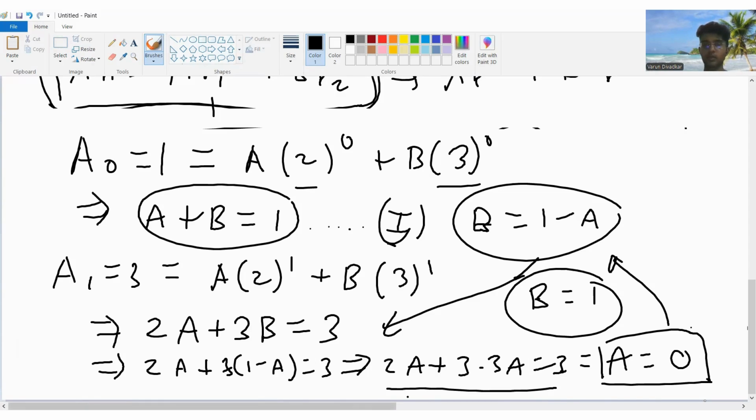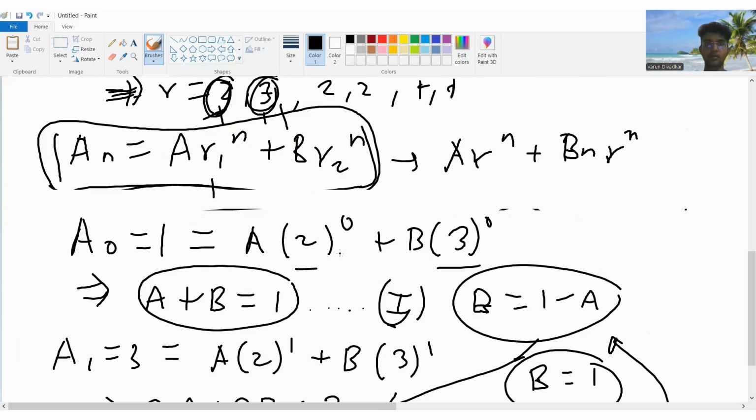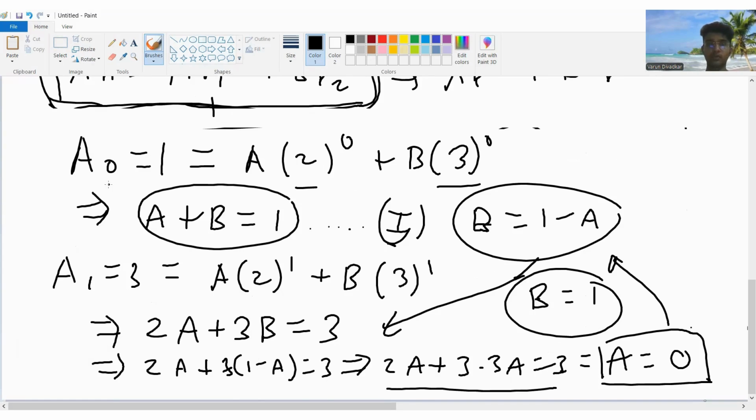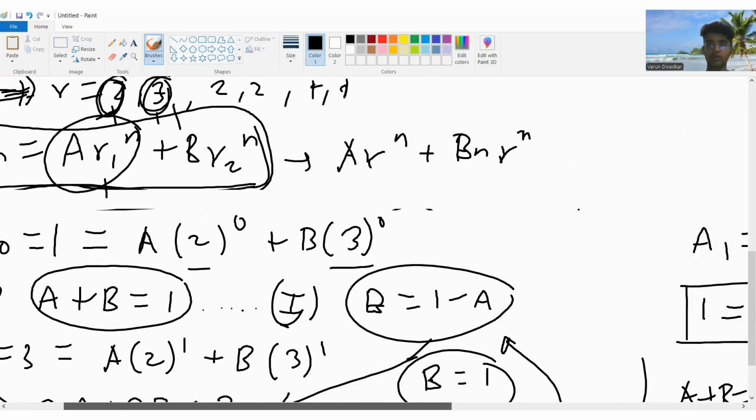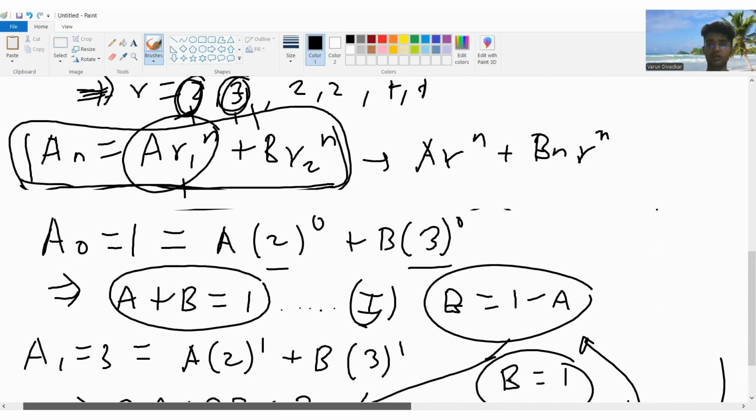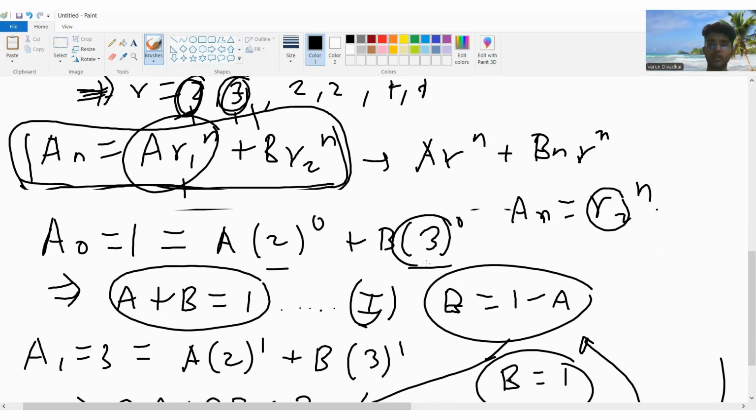What is the final equation here? Substituting the values of a and b, a equals 0, so this term becomes 0, and b equals 1. This means that a n equals r2 raised to n. What is r2? r2 is basically 3. So a n equals 3 raised to n.